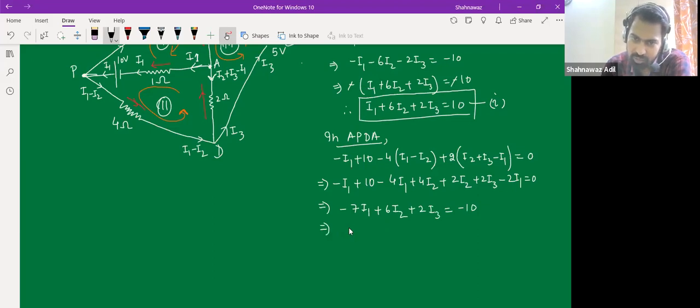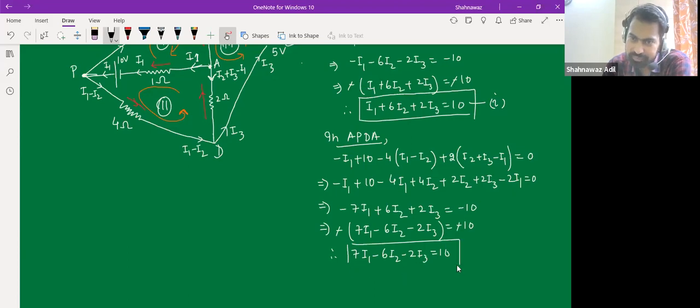So this would be minus common: 7I1 minus 6I2 minus 2I3, and minus minus cancel. And we have this equation: 7I1 minus 6I2 minus 2I3. So this is our second equation.